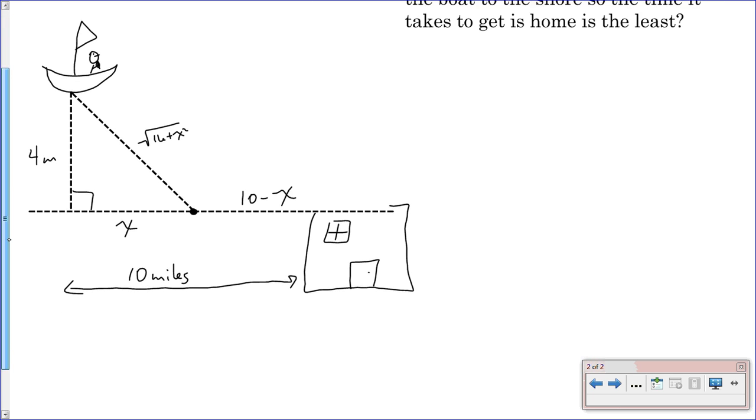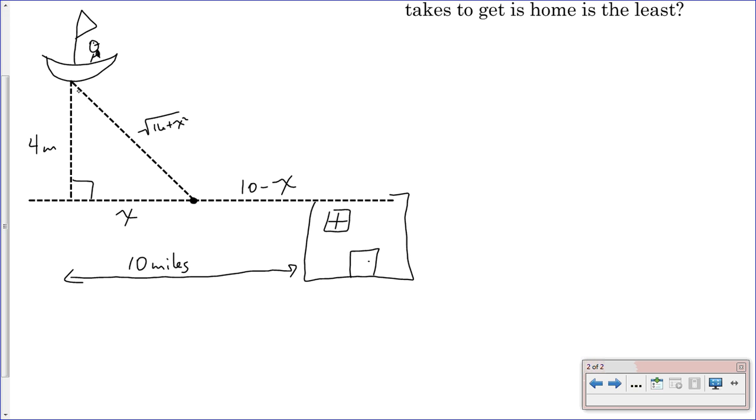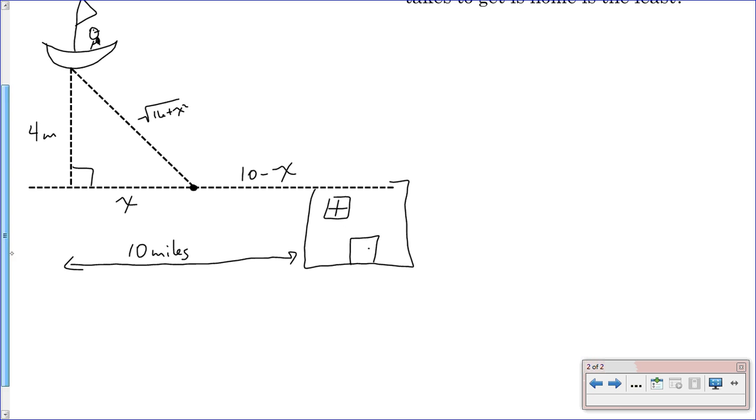Well, first thing we need to figure out is how far we're going to have to row. To set this up, we know we're 4 miles from shore and 10 miles from home. If we call this distance x, we know this is 10 minus x. And we know this is the square root of 16 plus x squared.